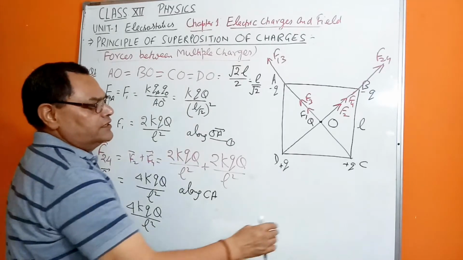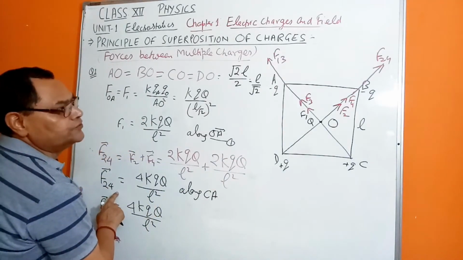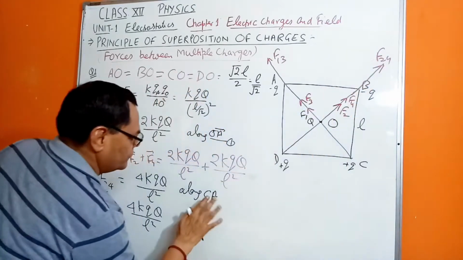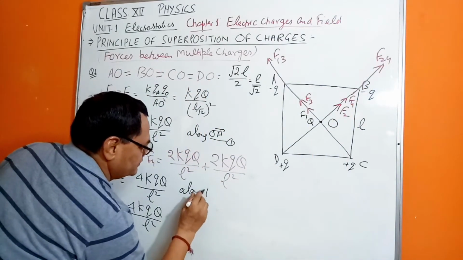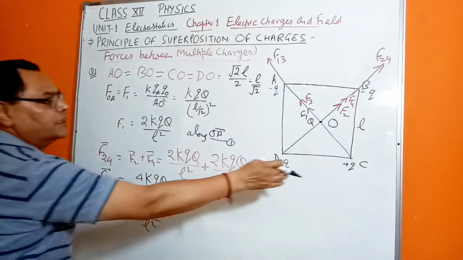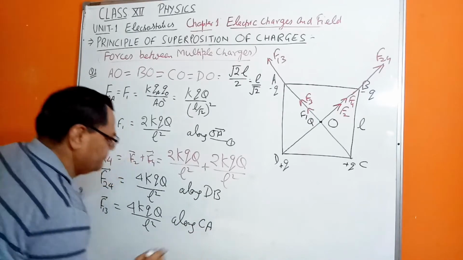What should be the direction? This is along DB, and the other total will be along CA.